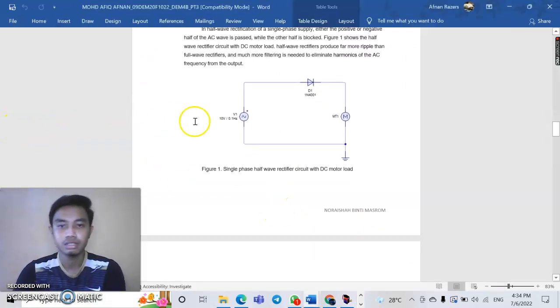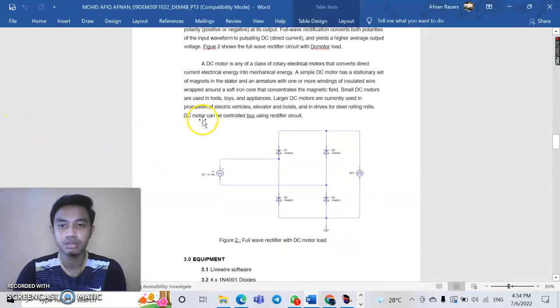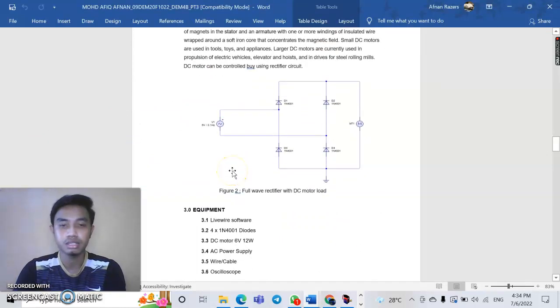Okay, after that, we need to construct the next circuit, which is the full wave rectifier with DC motor load.